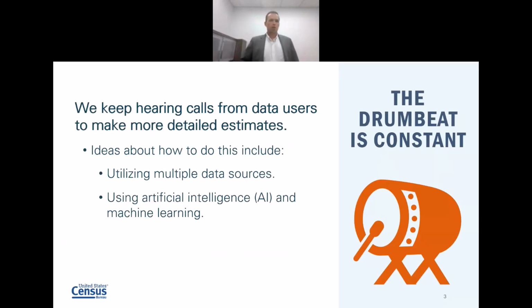I've been at the Census Bureau for 11 years now, and constantly while I've been here, we hear lots of calls from our data users about wanting more detailed estimates. They want more timely estimates, and they want them at the smallest geographical level possible.